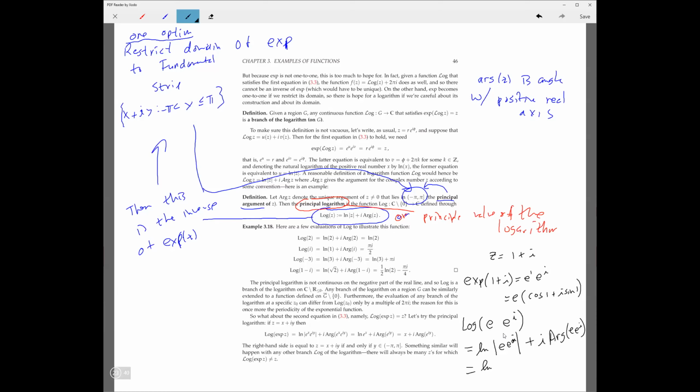What's this value going to be here? Anybody know? Yes, it's e to the 1.